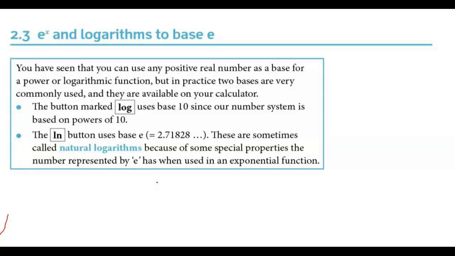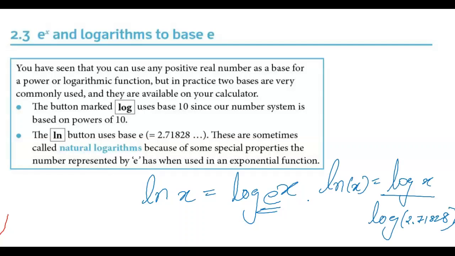Now, if I say that I have to take natural log of x, that means I have to take log of x to the base e. Ln x equals log of x to the base e, and what is the relation between them? Natural log and log.